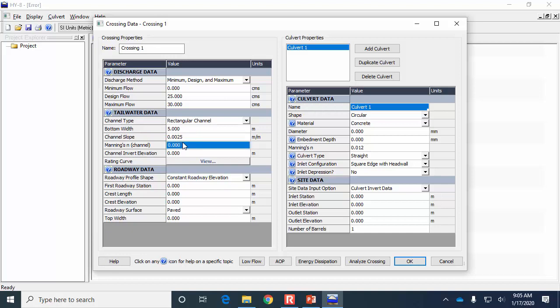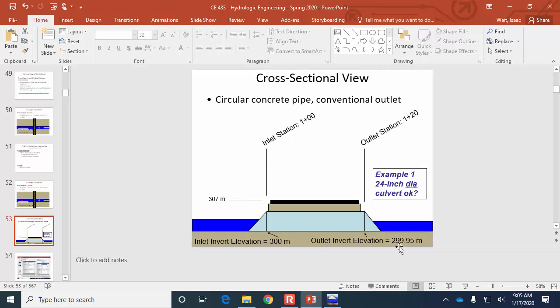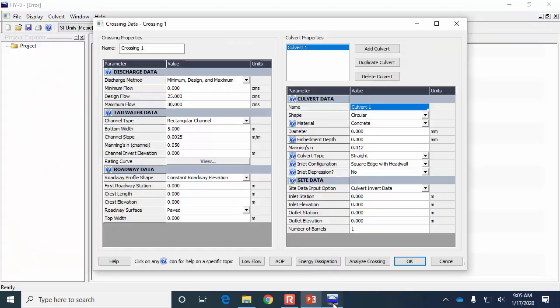Manning's n, if I remember correctly, was 0.05, the roughness coefficient of that. And then the channel begins at an elevation of 299.95. That's the elevation of the channel that matches up with the downstream end of the culvert. 299.95.